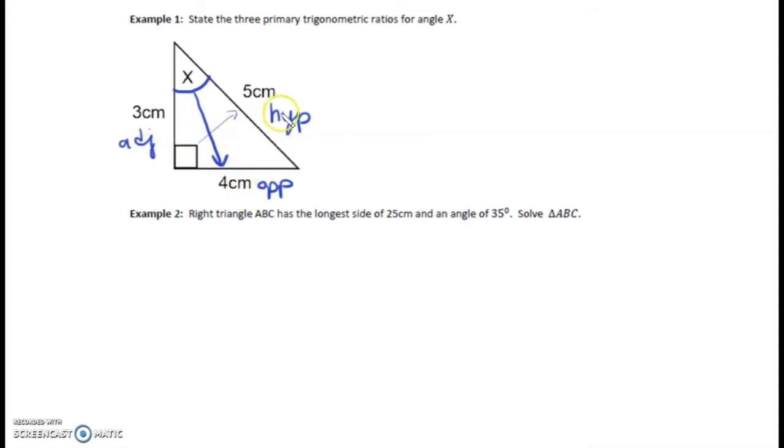So we have opposite, adjacent, and hypotenuse. Now, when it just says to state the 3 primary trig ratios, all it means is state sine x, cos x, and tan x.